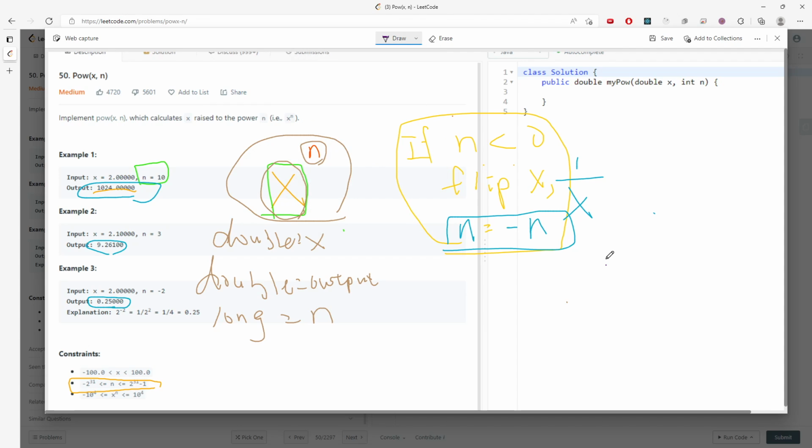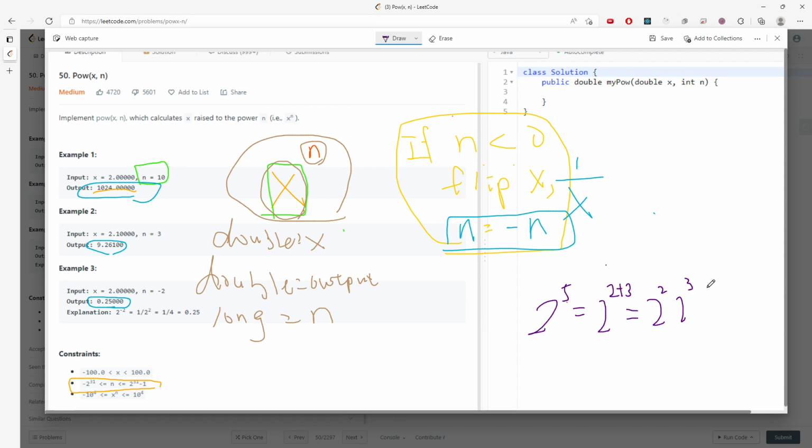So let me do this. We are going to keep breaking down the problem into children. For example, 2 to 5 equals 2 to 2 plus 3, so this is also equal to 2 to 2 times 2 to 3, right?